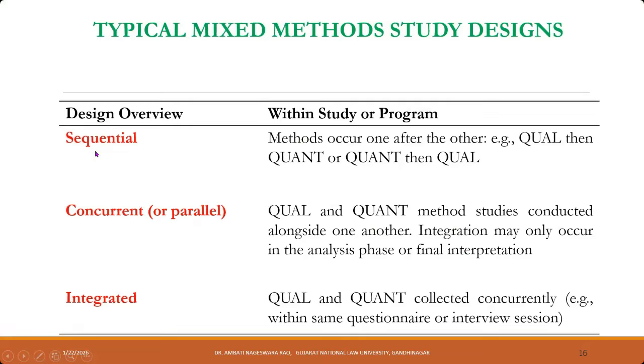Sequential means methods occur one after the other, either starting with qualitative then quantitative, or quantitative then qualitative. As a researcher, first you complete one research, and based on its findings, you go for the second research.